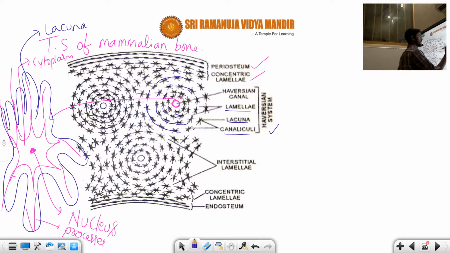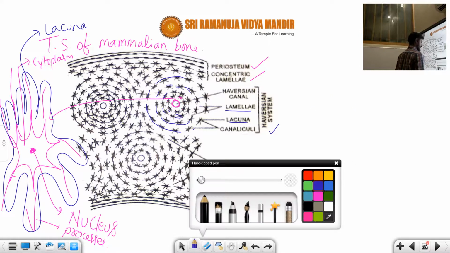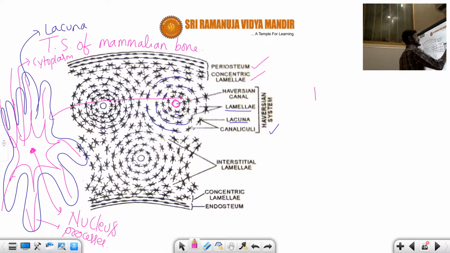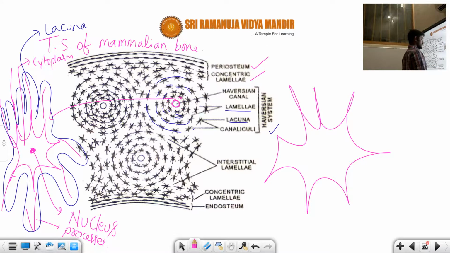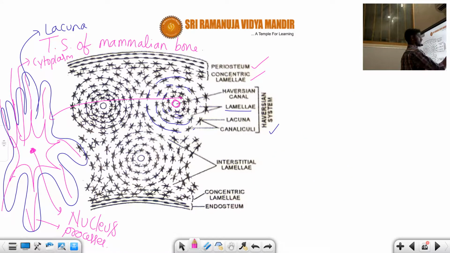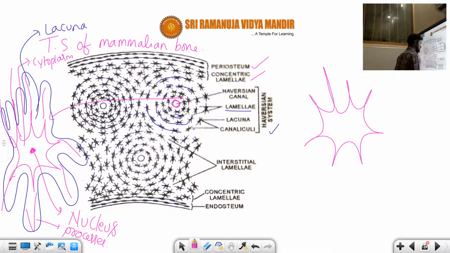Students, I will explain this point again. I'll change the color. Now listen carefully. This point is the cytoplasmic process, right? Now I'm going to draw the bone cell. This is the bone cell, and this is called the cytoplasmic process.